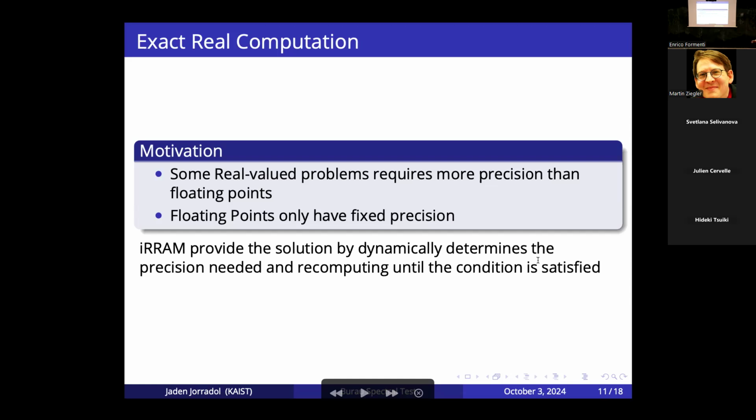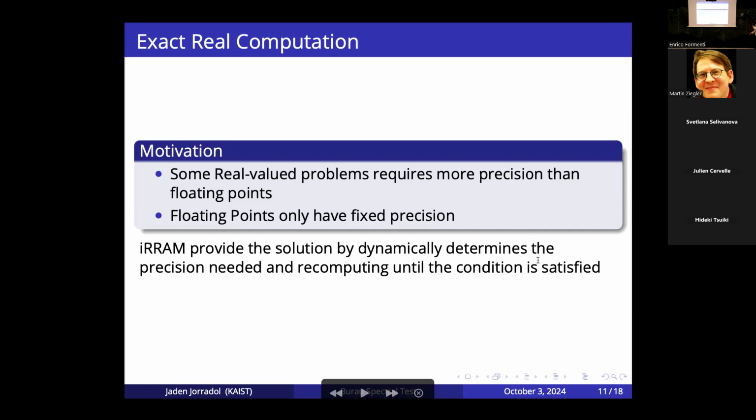So the exact real computation here calculates real numbers using a solution that dynamically determines the precision.